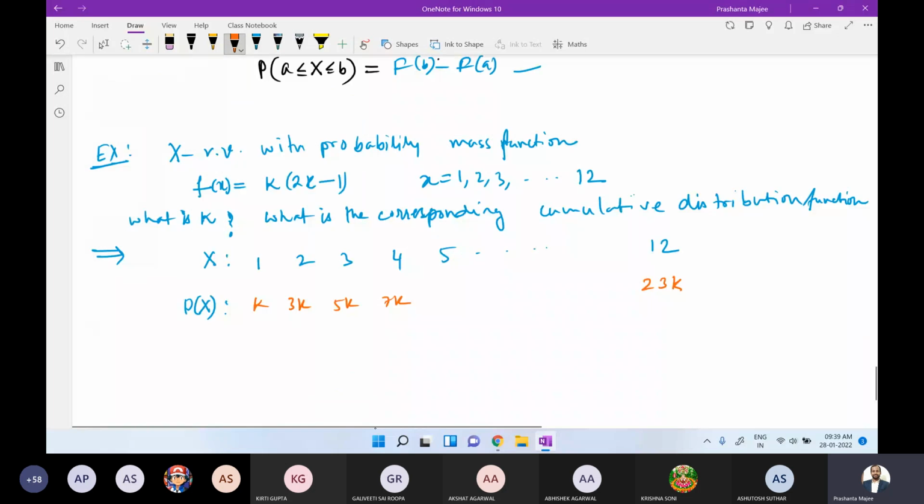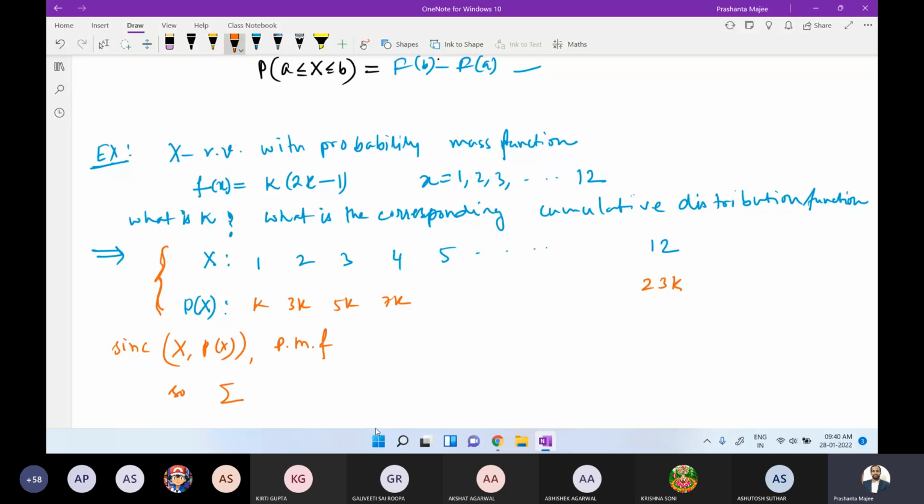Yes. So what is the possible value of k? Sum of all the masses is 1. If this is a probability mass function, then the sum of all the masses must be 1. Since (x, px) is a probability mass function, what is p of xi?